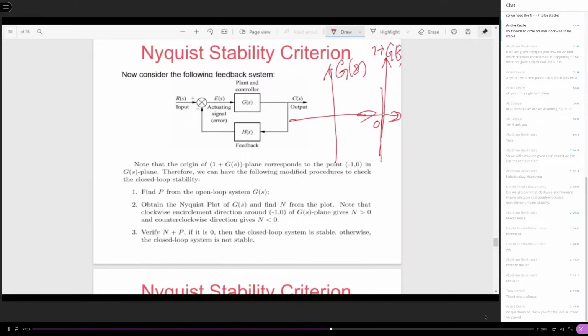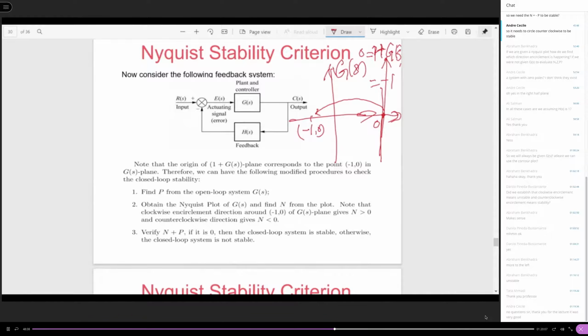Now you have the origin on the 1 plus G of s plane. This means that 1 plus G of s is equal to 0, so G of s must be equal to -1. If you plot this on the G of s plane, this origin is going to stay at this point. This factor is very easy to establish.